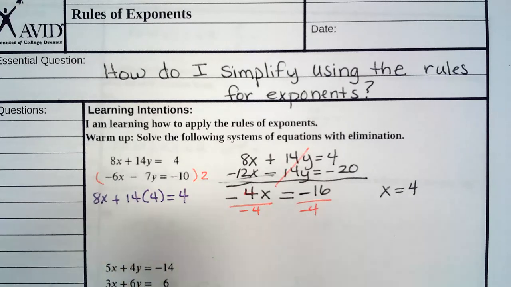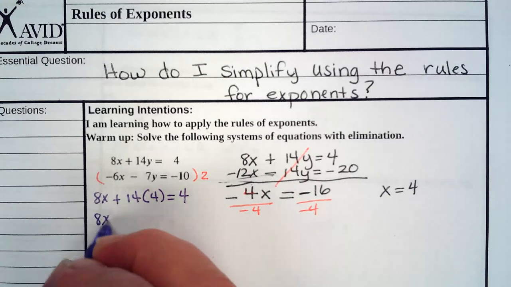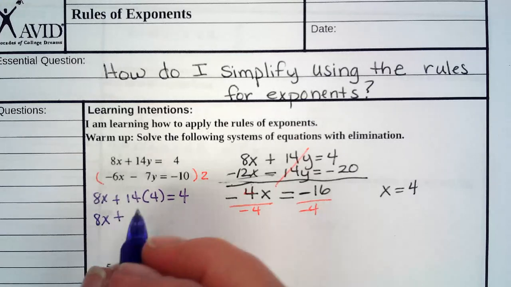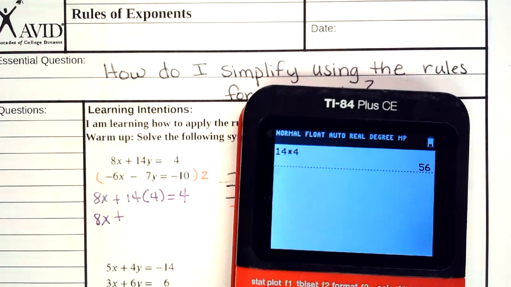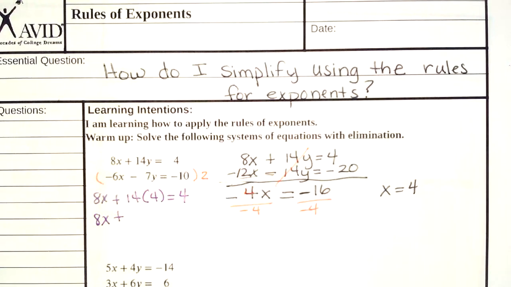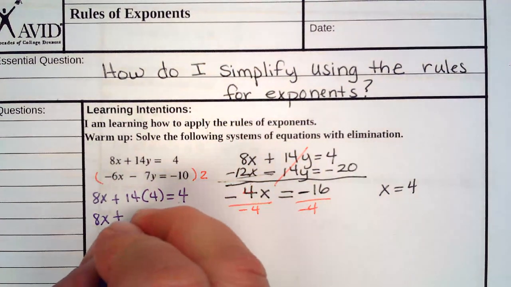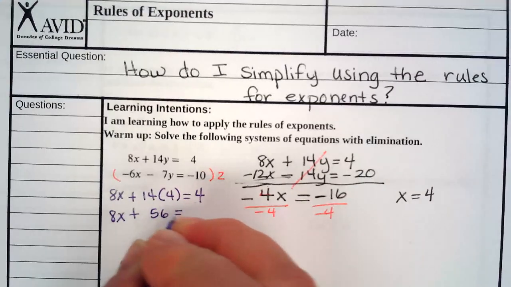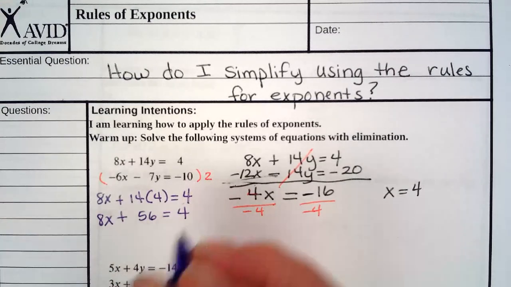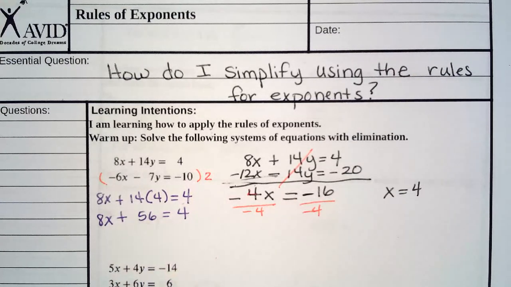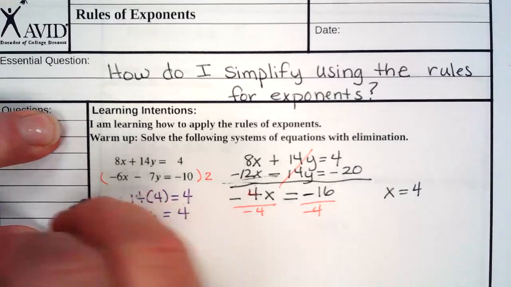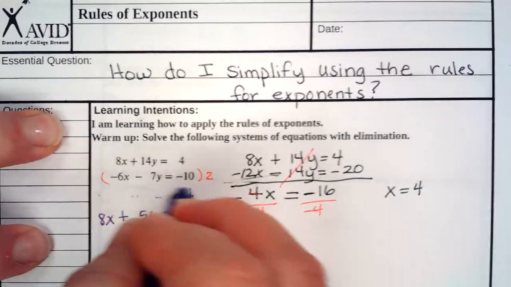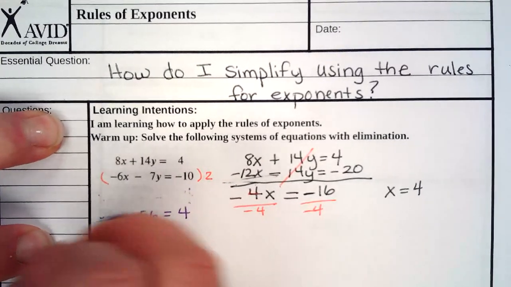Okay, 8x doesn't change. Plus 14 times 4, it's 40 plus 16, which gives you 56, is equal to 4. Now I can solve. Oh, I put it in the wrong spot, didn't I? This is x is equal to 4, not y. That's even easier because I know what 4 times 8 is.